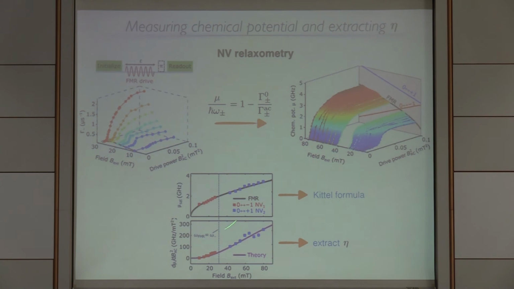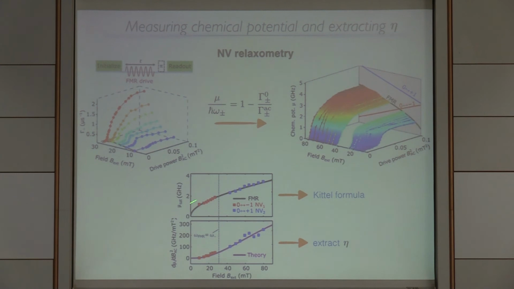So the 2 take-home messages from this experiment, without getting into the details of the data, are that, first of all, the YIG magnetic film is driven as a function of the external field, as a function of the drive power. As the drive power goes up, the chemical potential of magnets that you extract saturates precisely at the FMR frequency given by the Kittel formula.